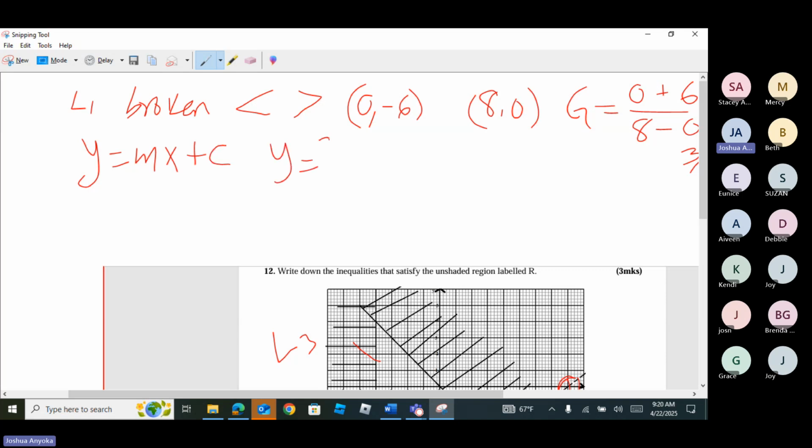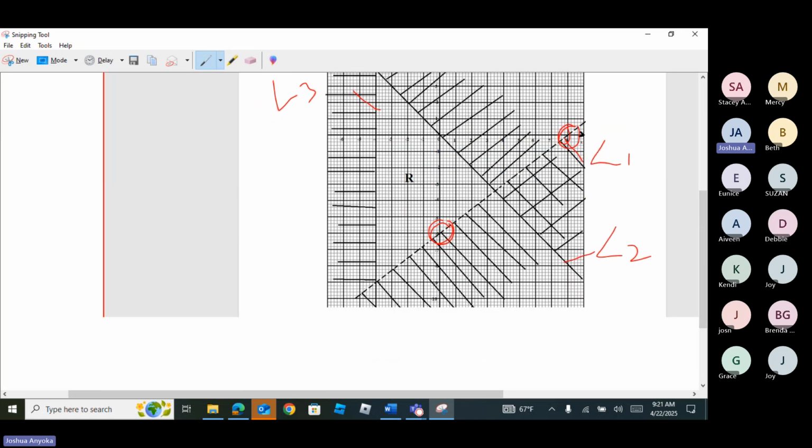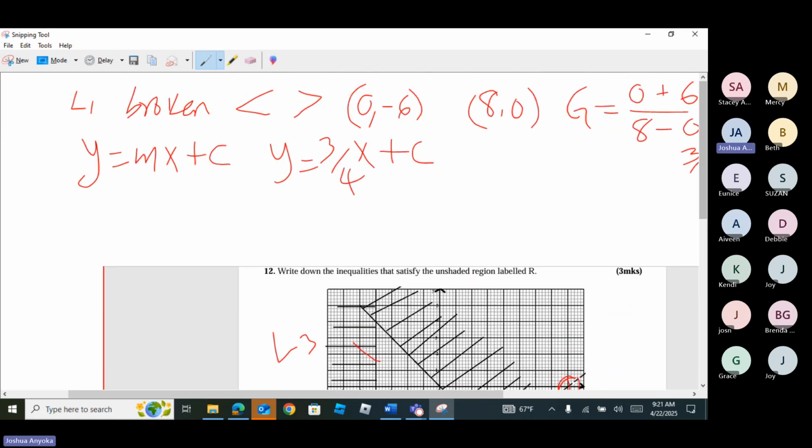Y is equals to 3 over 4 x plus c. C is the y-intercept. Where is the line cutting the y-axis? Negative 6. So y is equals to 3 over 4 x minus 6.